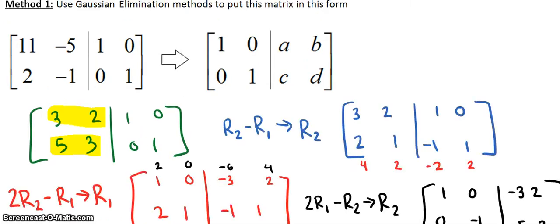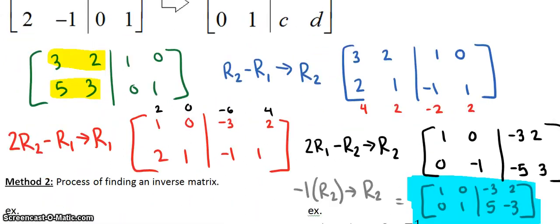Okay, so I went through the process, I made mistakes, I corrected it. I started by doing R2 minus R1 to get this blue matrix. Then I did 2R2 minus R1 and put it in R1, and I got this red matrix. Then I did this rule here to get the black matrix. Then I finally just had to multiply the last row by negative 1, so R2 by negative 1.